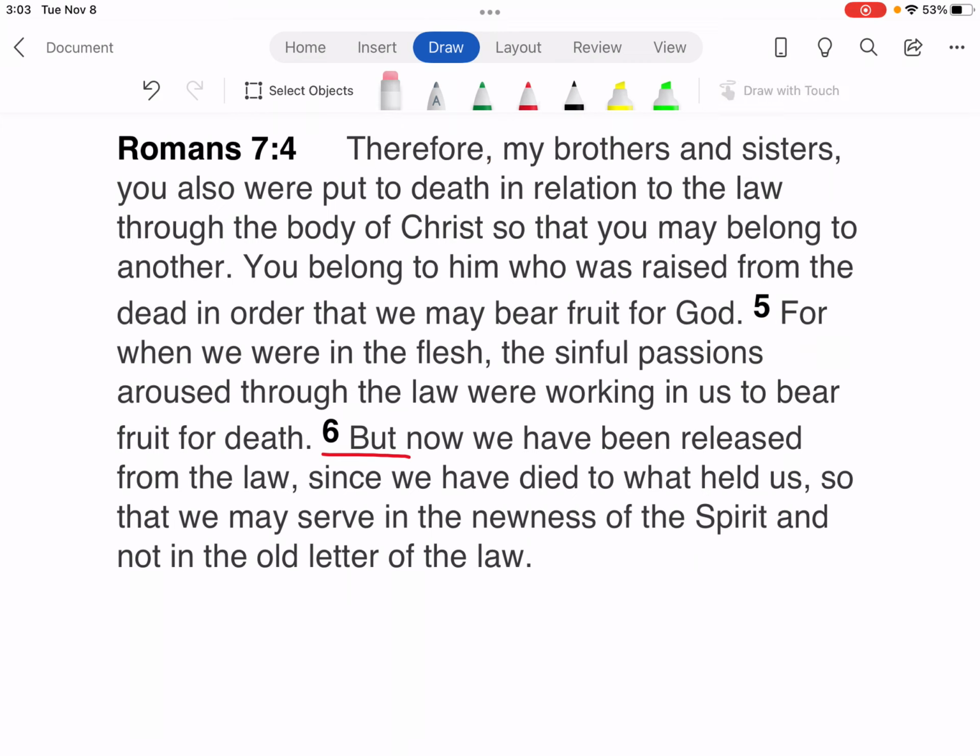I want to look, using one particular socket, at what happens when we read Romans 7, 4 through 6 using the socket that looks at so that or in order that. When we see so that, we have a bit of a cause and effect relationship in the purpose of the sentence, and it reveals a lot more. So imagine for a moment I said, I am going to McDonald's so that I can meet a man I'm buying a car from.